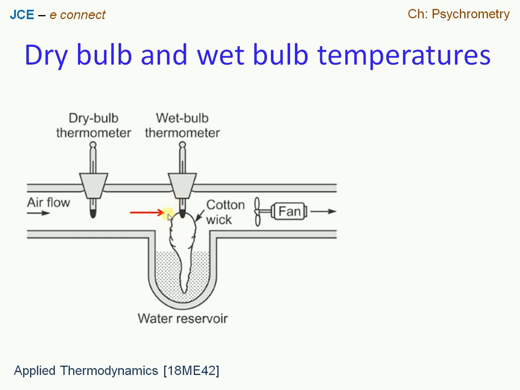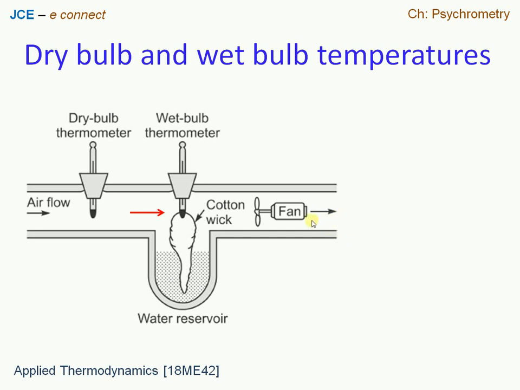Since there is an evaporation, there is a drop in the temperature in this thermometer. So this temperature is called the wet bulb temperature, and the corresponding thermometer is called the wet bulb thermometer. And the same air is going to pass through this region through the duct.